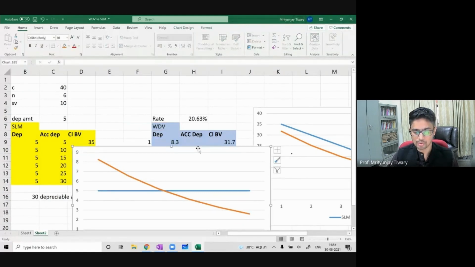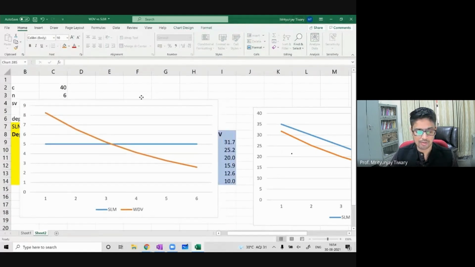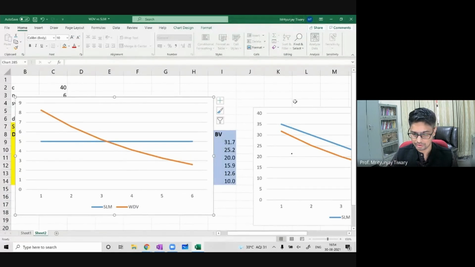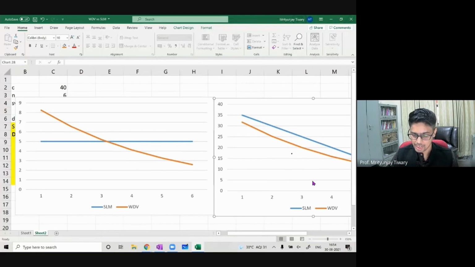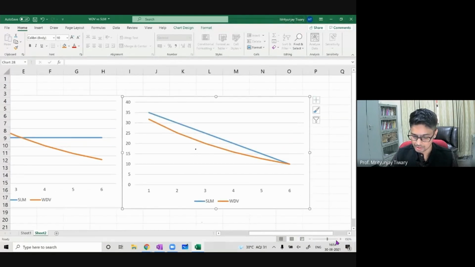Now I want you to compare chart 1 versus chart 2. In chart 1 you have the depreciation numbers. Give me a moment.